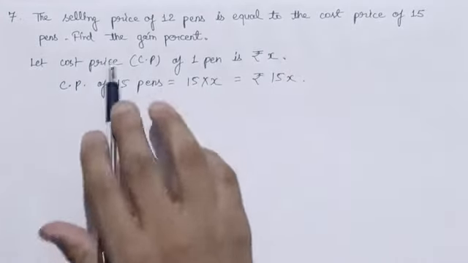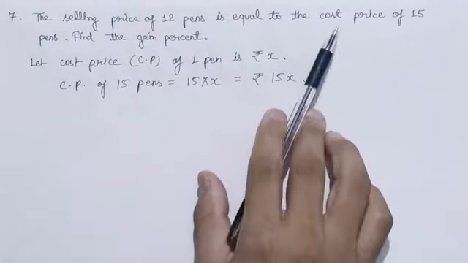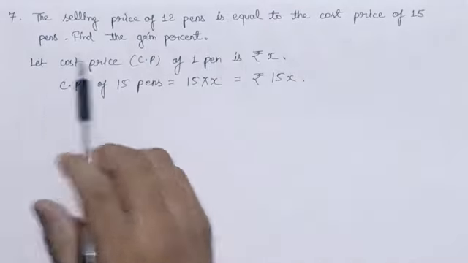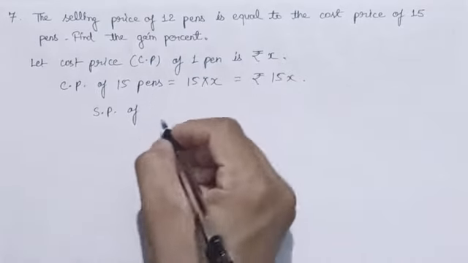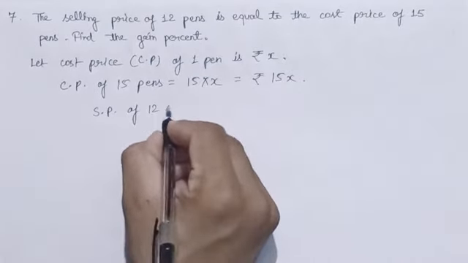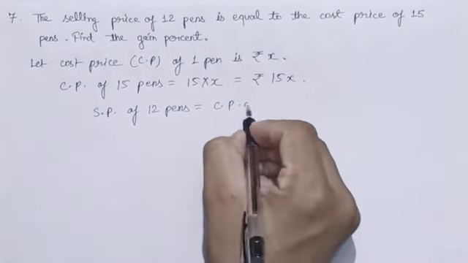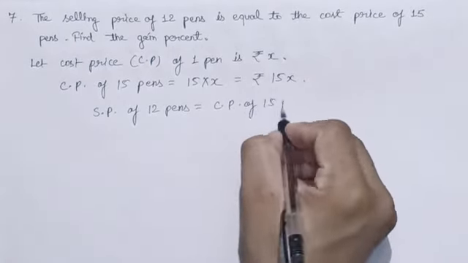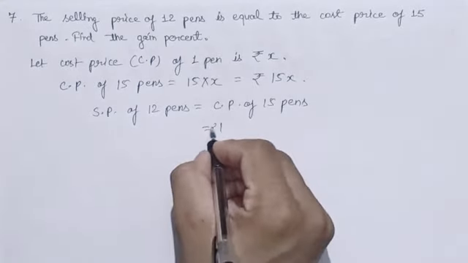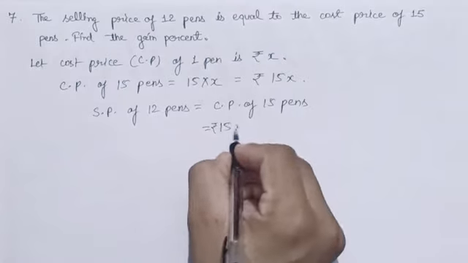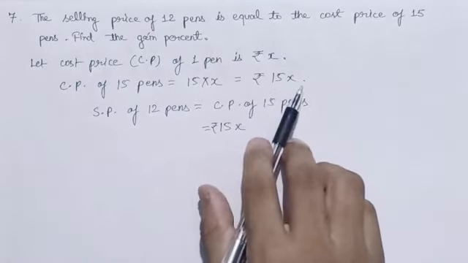But it is given in the question that the selling price of 12 pens is equal to the cost price of 15 pens. It means we can say SP of 12 pens is equal to CP of 15 pens. So it is equal to rupees 15X, because CP of 15 pens is rupees 15X.